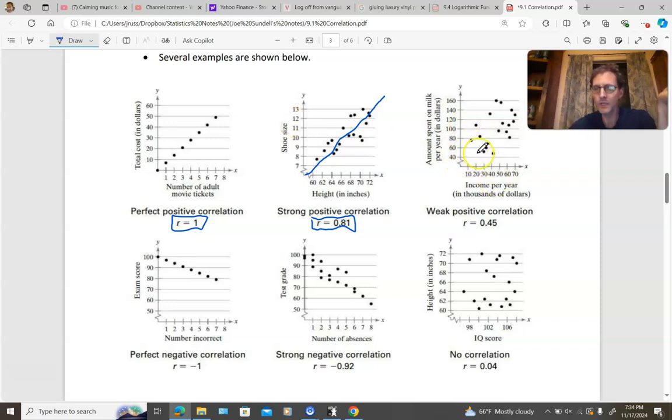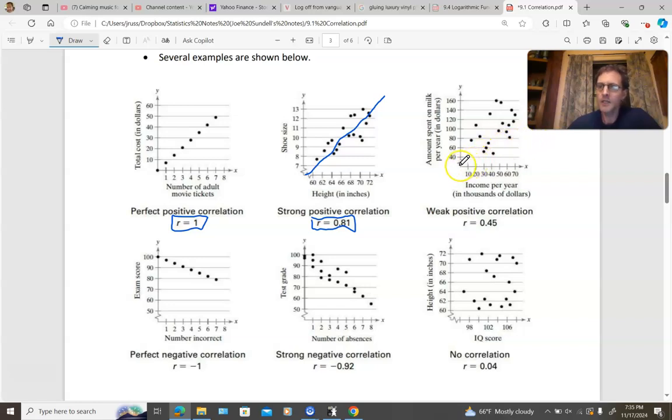And then here we see a relationship between two variables that's not as strong, that's relatively weak. Okay, so here we've got the income per year in thousands of dollars, and then the amount spent on milk. So you'd be trying to figure out, is there a relation between an increase in income versus an increase in milk consumption?